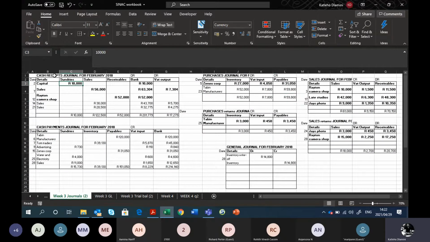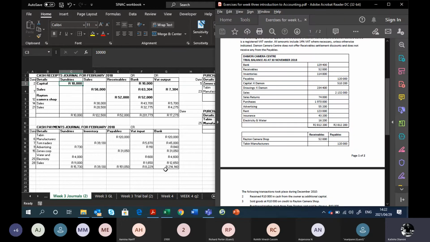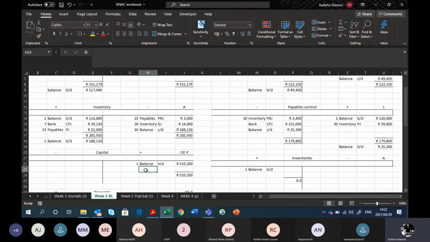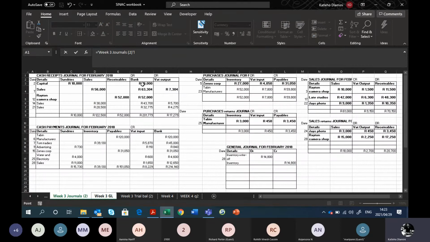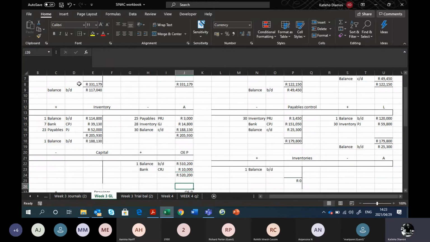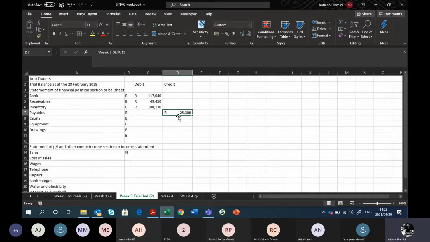We don't have any other capital here, just that one capital of 10,000. That's going to go straight to our bank account. Bank CRJ. And that capital of 10,000. Okay, so our capital is worth 520,200.